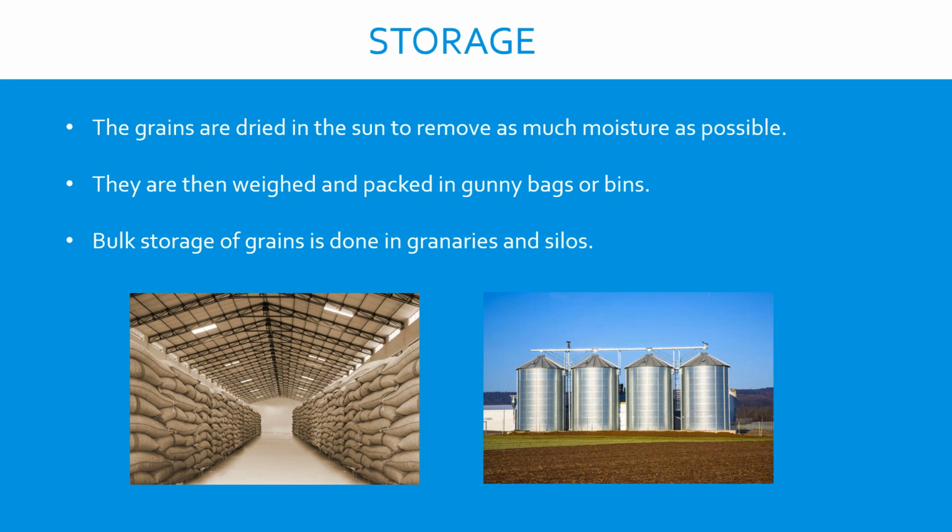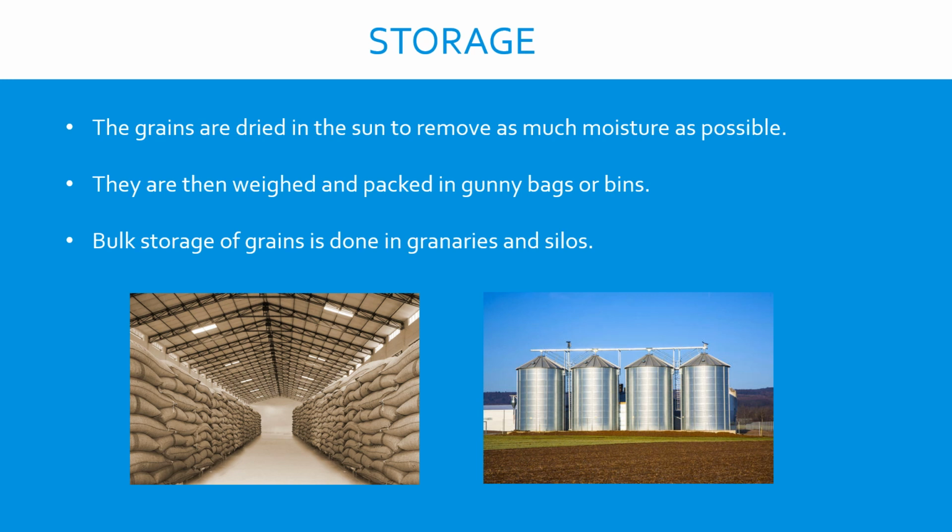When we come to the last stage, that's storage. Harvesting of grains is completed. So the harvested grains need to be stored before they are available for consumption. To prevent their spoilage, it is very important to ensure that these grains and the storage area are free of moisture.